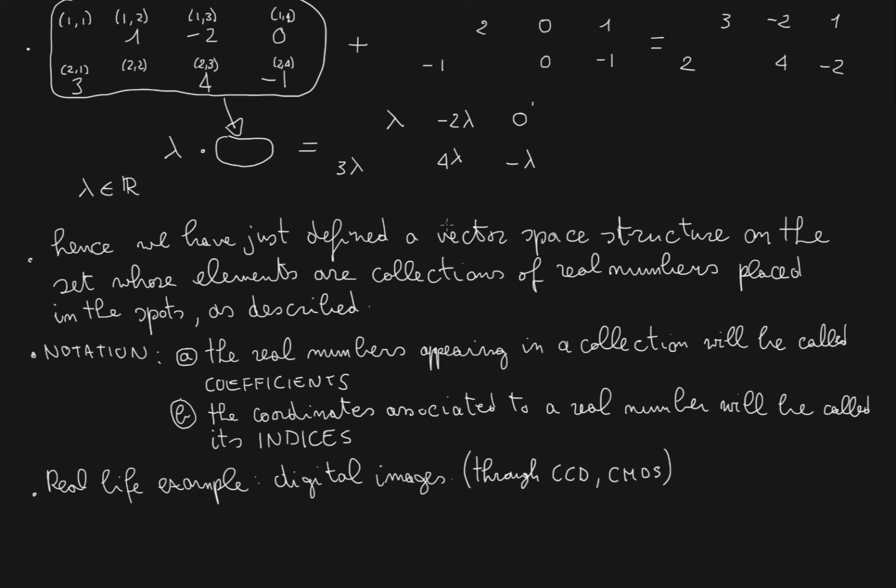But if we do some post editing of the image, for example, if we take a selection of our image inside this rectangular shape, in that case we will just be considering a certain number of pixels that are within this closed region, the region of interest, and therefore it is helpful to have that the collection of these real numbers is not just placed in a rectangular shape, but arbitrary.